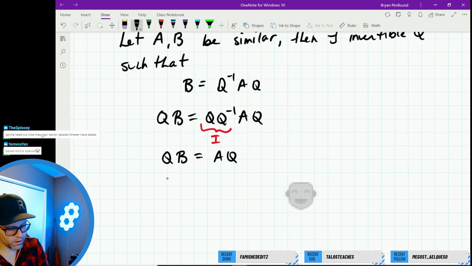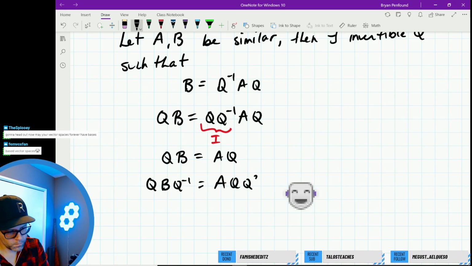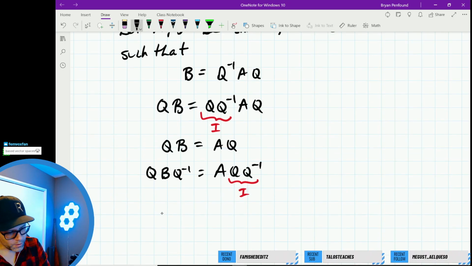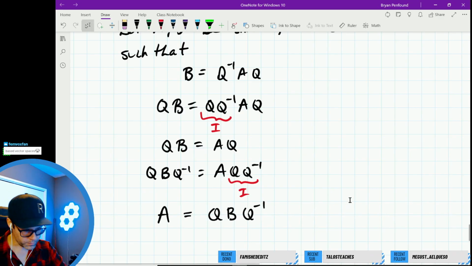And then the next step is to multiply by Q inverse. Once again, this multiplication should give us the identity matrix, allowing us to isolate A. So I have now this relationship that A should be equivalent to QB Q inverse.